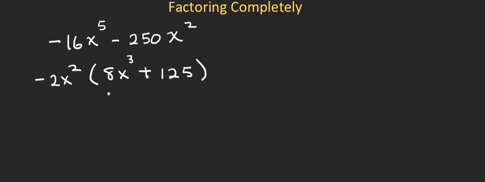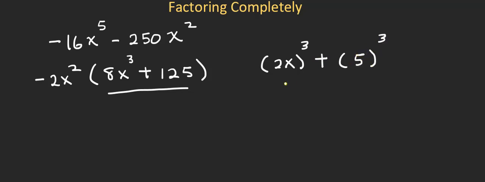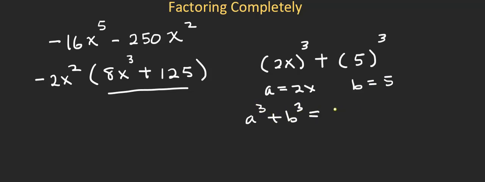Now notice, this is a sum of cubes because you could rewrite it as the quantity 2x to the 3rd plus the quantity 5 cubed. So a becomes 2x and b is 5. Do you remember a cubed plus b cubed is the same thing as the quantity a plus b times the quantity a squared minus ab plus b squared.